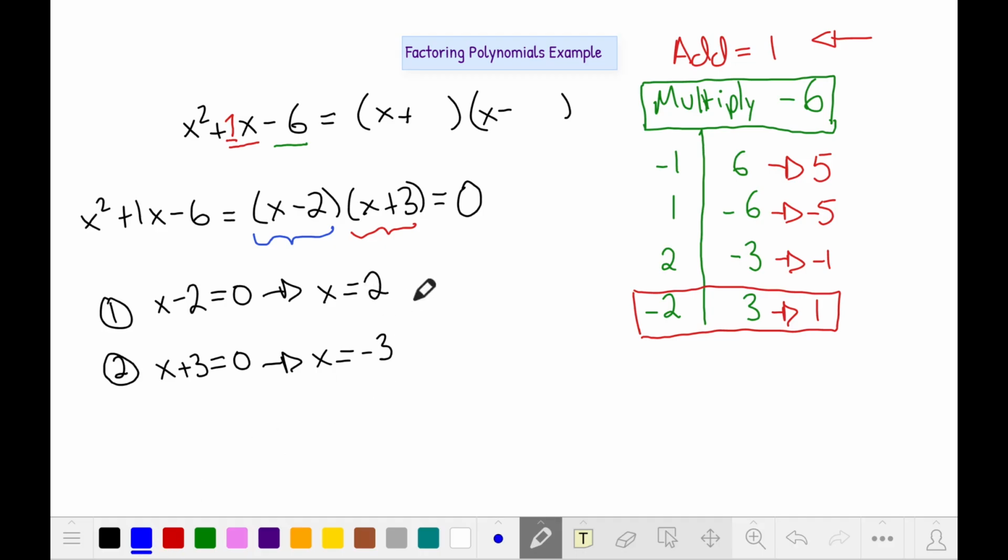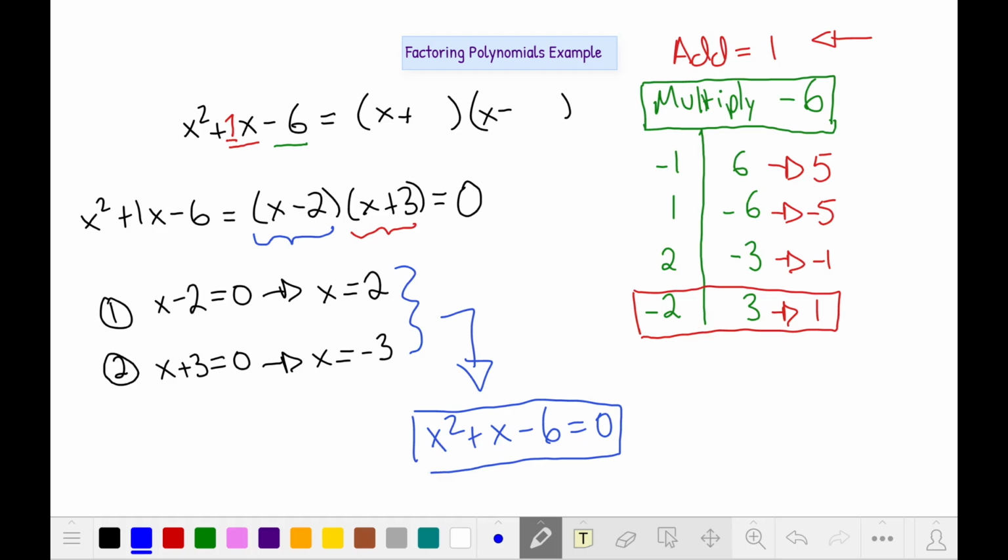Now, comparing these two equations, x minus 2 equals 0 and x plus 3 equals 0 with the original polynomial, which is x squared plus x minus 6 equals 0. Again, very different looking equations, and I would very much rather choose x minus 2 equals 0 and x plus 3 equals 0 over this ugly blue term down here. So once again, when we factorize, we want to have everything set to ax squared plus bx plus c equals 0, where a, b, and c are whole numbers.